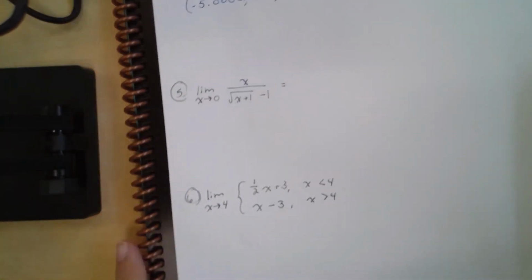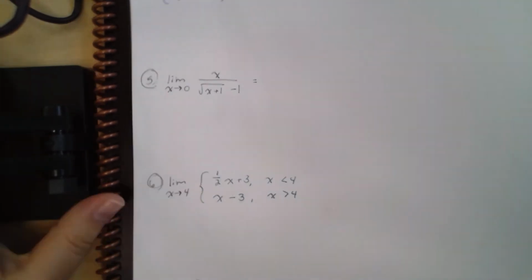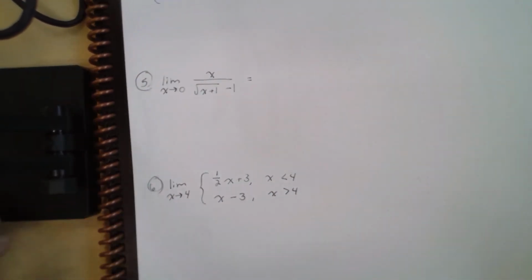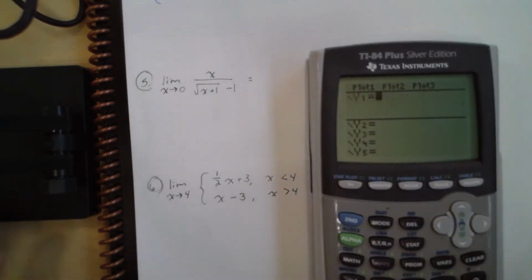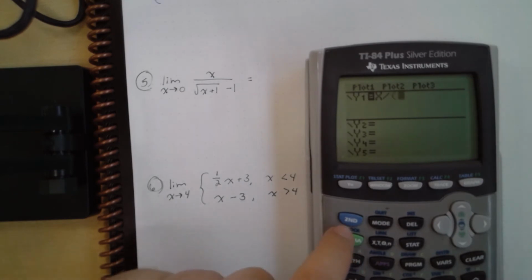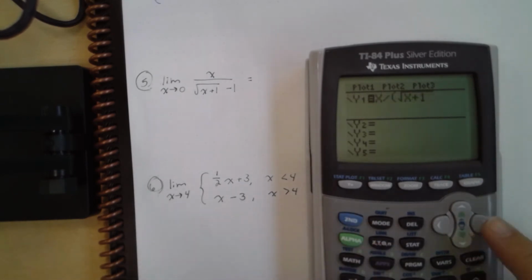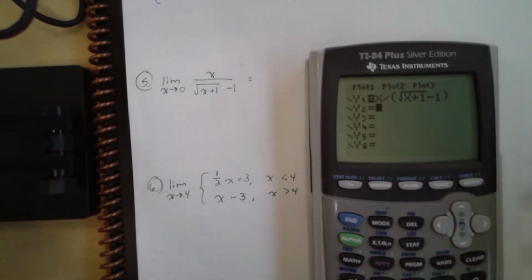Let's look at number 5 here. The limit of x over the square root of x plus 1, minus 1. So we have x divided by parentheses, second square root of x plus 1, and then we're outside of the parentheses, minus 1. Make sure you've got that in there correctly. We can graph this.